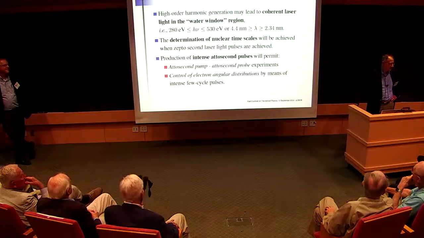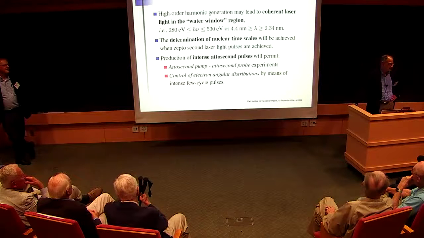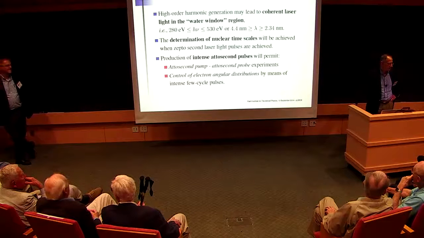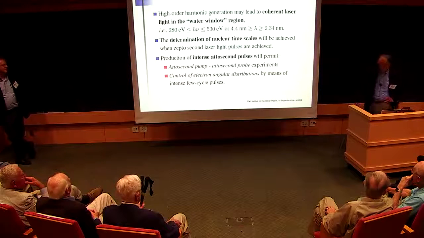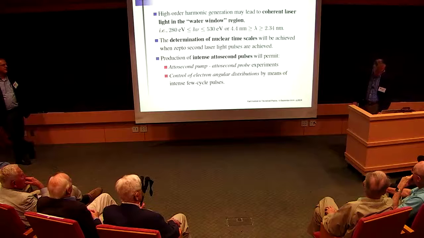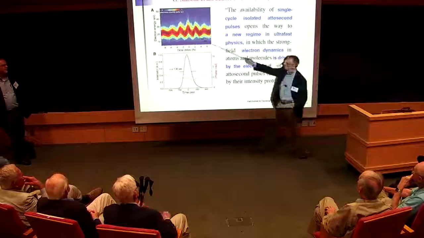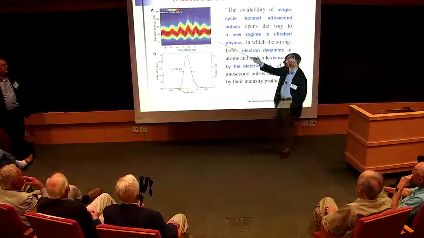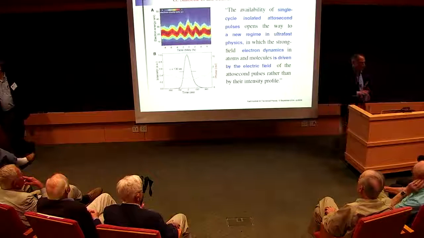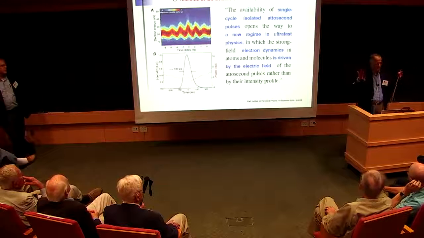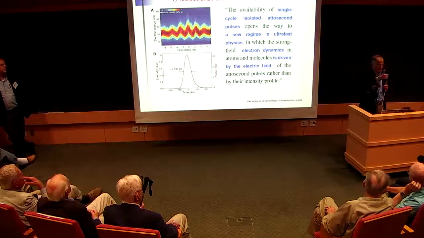Usually, what you've produced, you detect by having them ionize an electron, and then doing something called attosecond streaking to make these traces. Generally you have a femtosecond pulse and an attosecond pulse. It ionizes an electron.